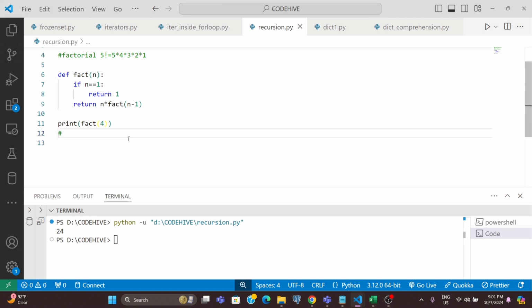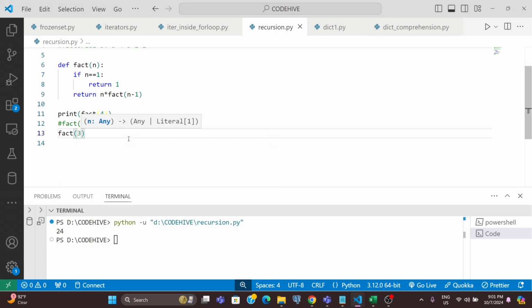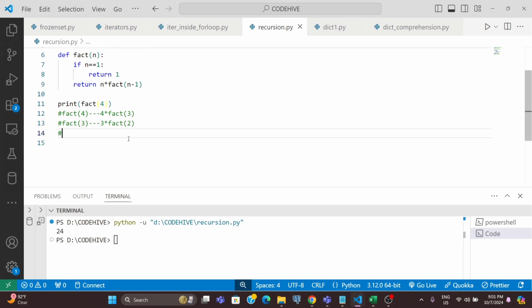First, we call fact of 4. What is happening here? It calculates 4 into fact of 3, right? Now if I call fact of 3, it shows 3 into fact of 2. Next is fact of 2. Can you tell me the output? It is 2 into fact of 1.